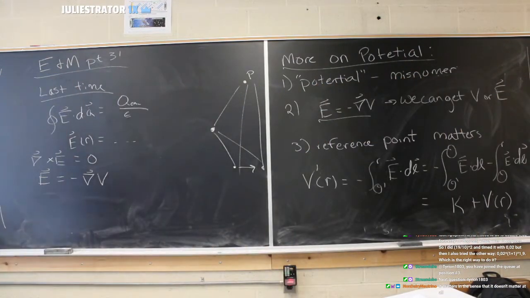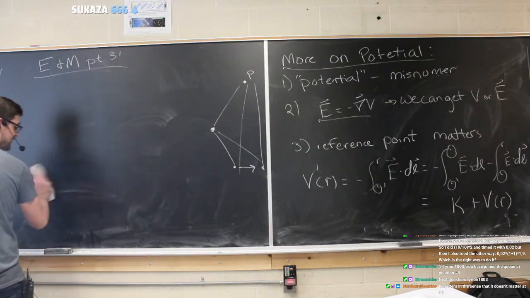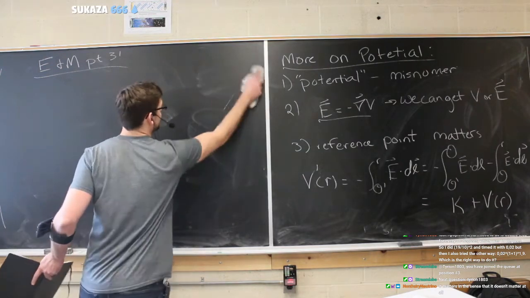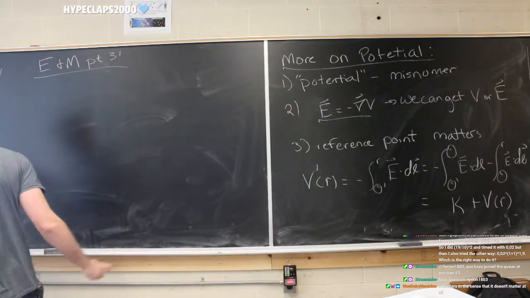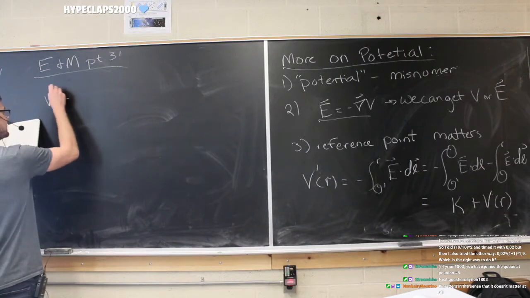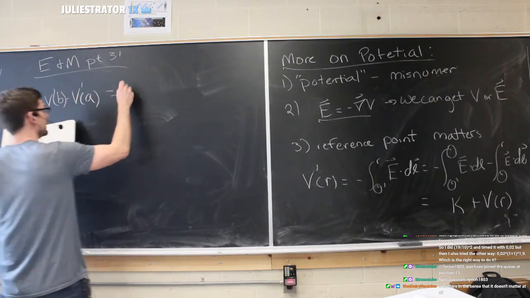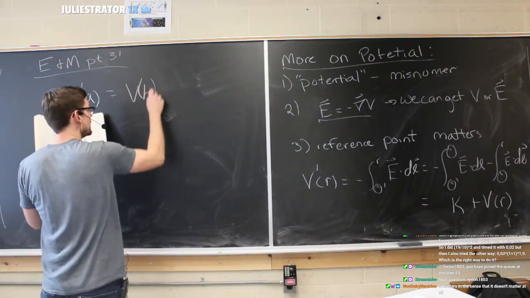Let's make sure we finish this and show that really the difference is what we're interested in. Because if we think about it, we'll have V'B minus V'A equal to VB minus VA.